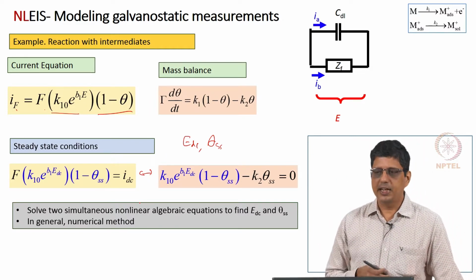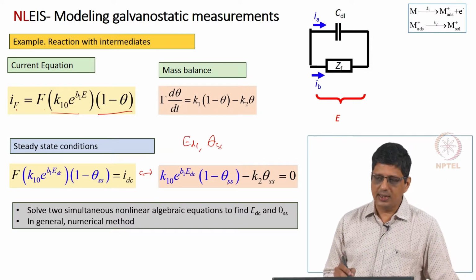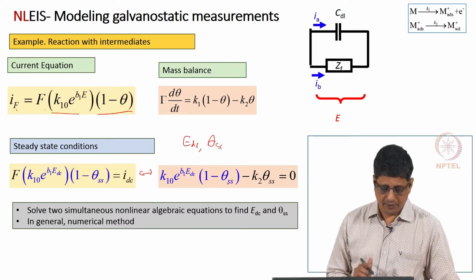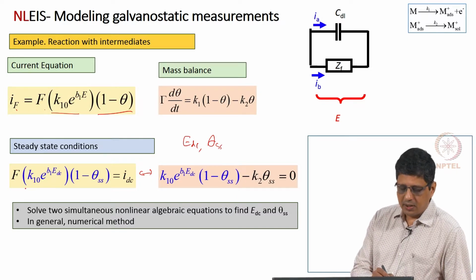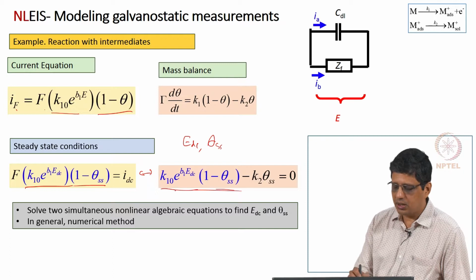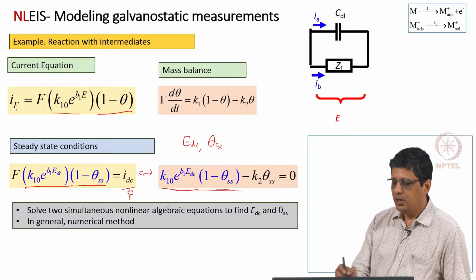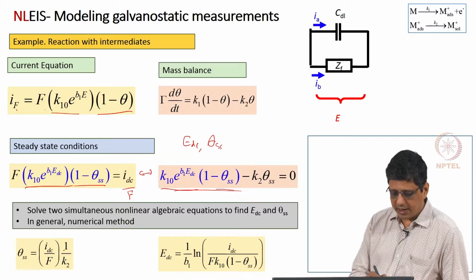You may have mechanisms with 2 intermediate species. You will have an equation for theta 2 SS, theta 1 SS, and then an equation for EDC. All of them should be solved simultaneously. In general, you have to use a numerical method. In this particular case, I can replace k10 e power b1 EDC into 1 minus theta SS, which happens to come here also, with IDC by F, and then I can write theta SS in terms of IDC by F, 1 by k2.